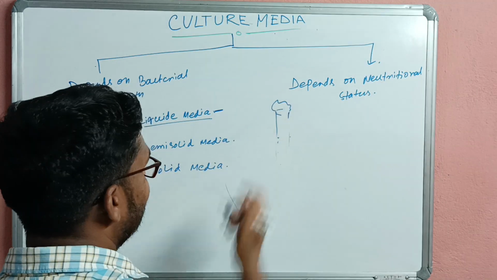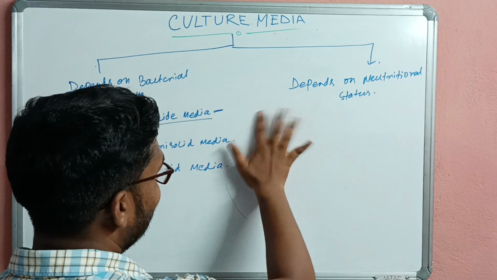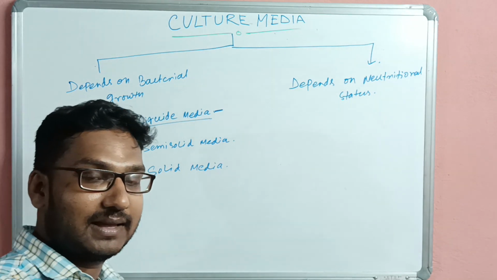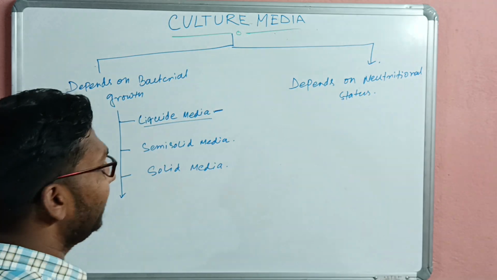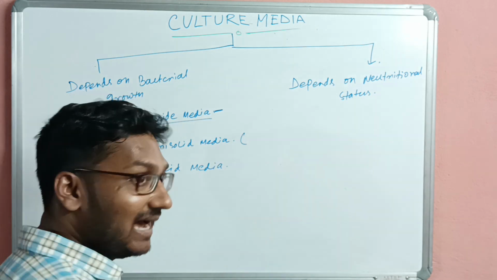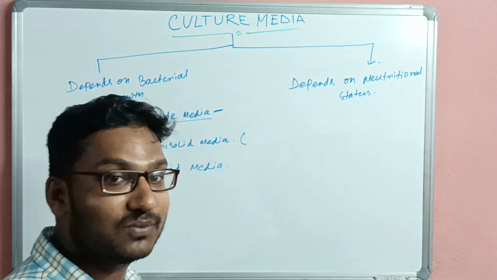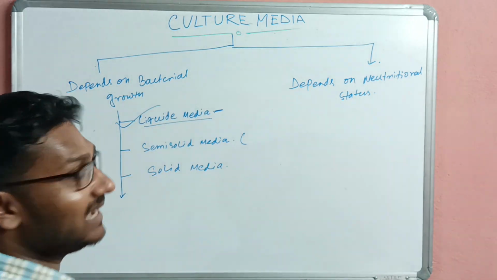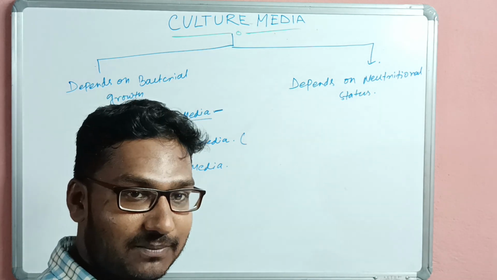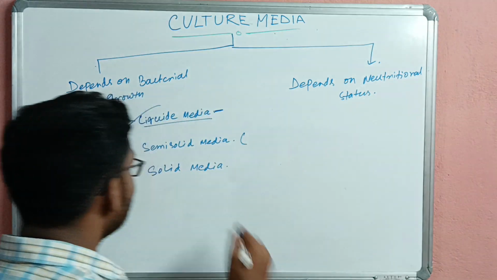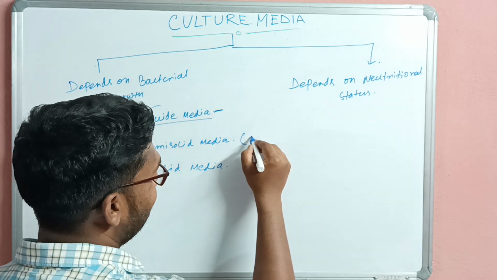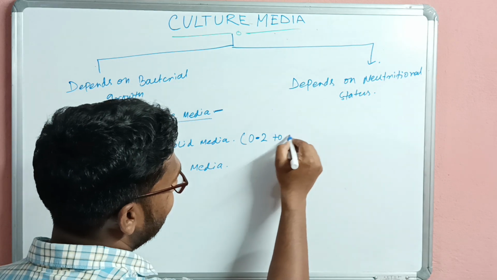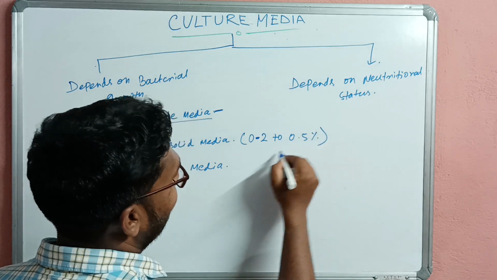Now we come to semi-solid media. Chemical compounds are present. I already said agar is generally used for solidification of media, and in liquid media no agar is used. Semi-solid agar is prepared by mixing 0.2 to 0.5% agar.